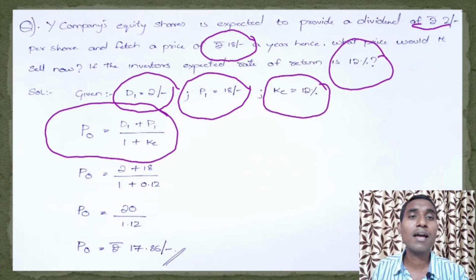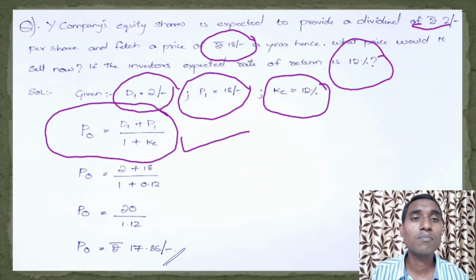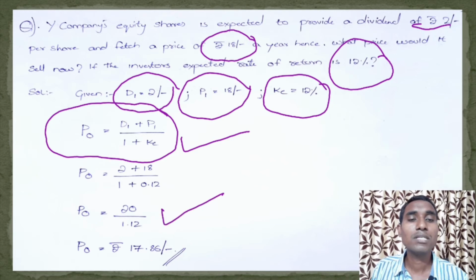Now the formula we have for the 1 year holding period is P0 equals D1 plus P1 divided by 1 plus KE. So I just substitute. P0 equals D1, which is 2, plus P1, which is 18, divided by 1 plus KE. My cost of equity is 12%, that is 0.12. If I simplify, P0 equals 20 divided by 1.12.